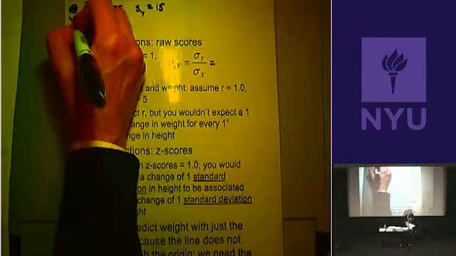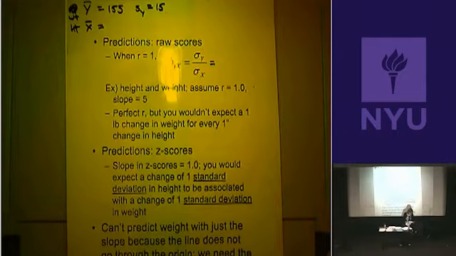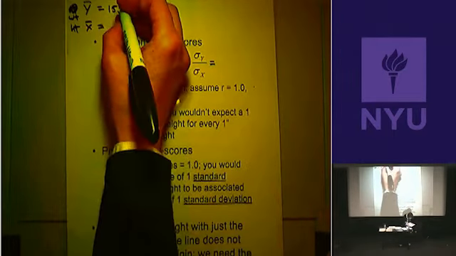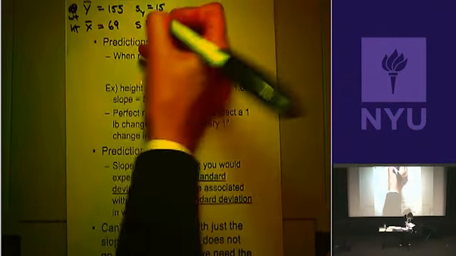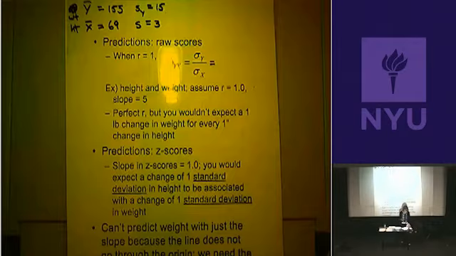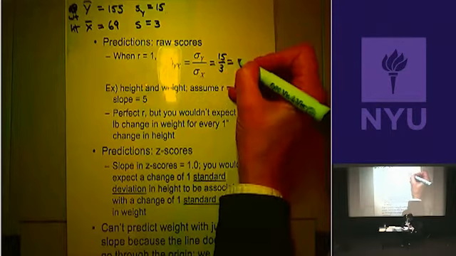And height is x. So I'm using height to predict weight. With a mean of 69 inches and a standard deviation of 3 inches. So if my correlation is perfect, then my slope is simply 5.